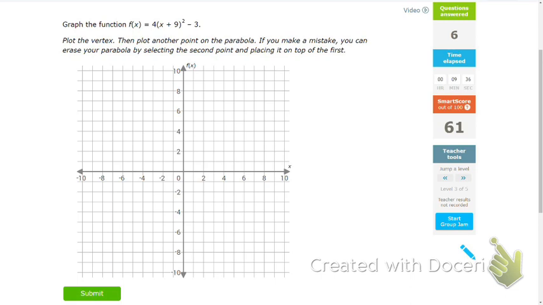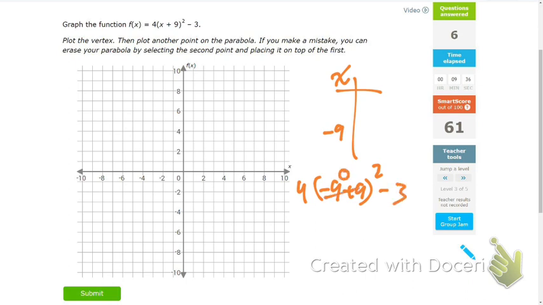Okay, so really quick, I'll do it the long way, which is with the table. So I find my easy x, which is negative 9, and then I plug it in. So I get negative 9 plus 9, squared, times 4, minus 3. So I get 0 for this. 0 squared is 0, times 4 is 0, and then I get minus 3, so it's negative 3.